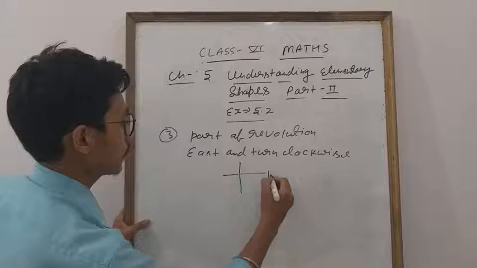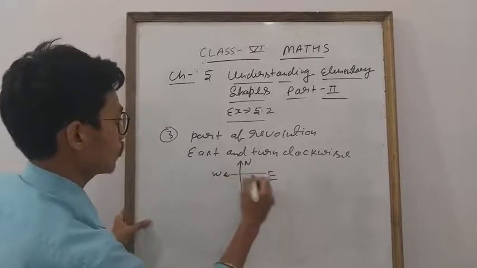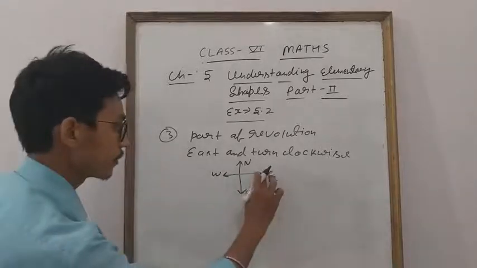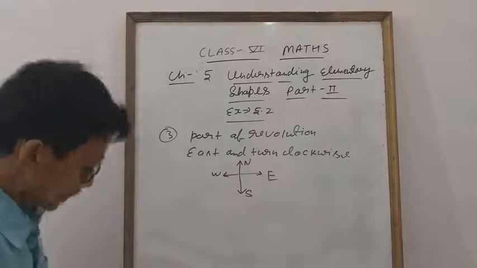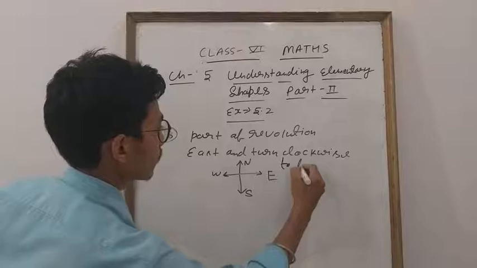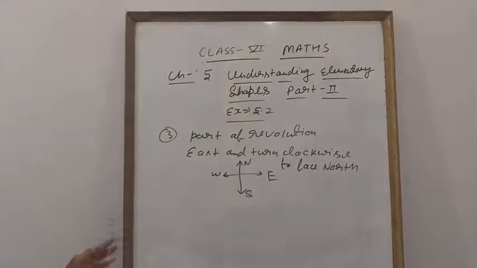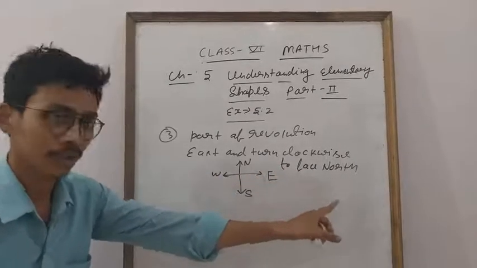This is east, west, north, south. 4 directions you know, and all are 90 degrees. Everyone knows all are 90 degrees. Now east and turn clockwise to face north. You have to find out what fraction will come.